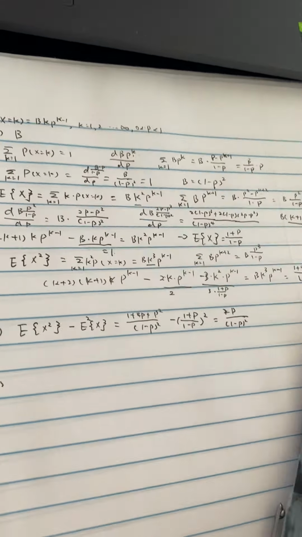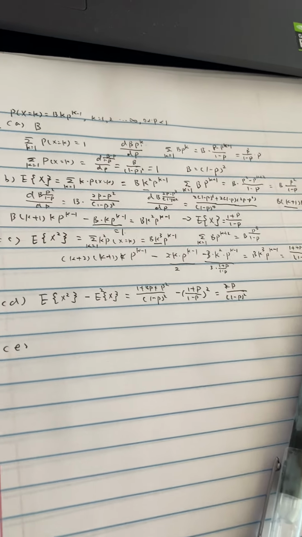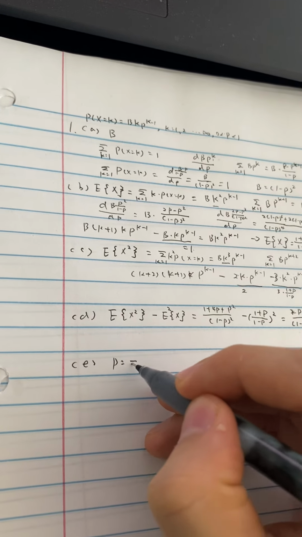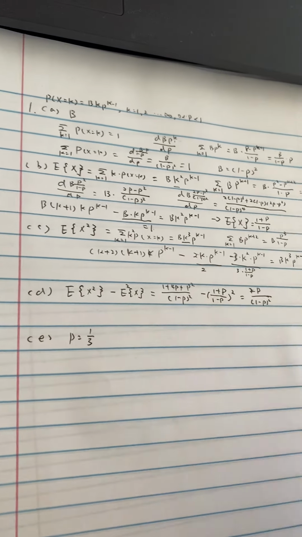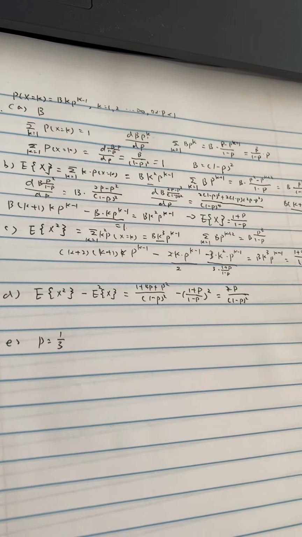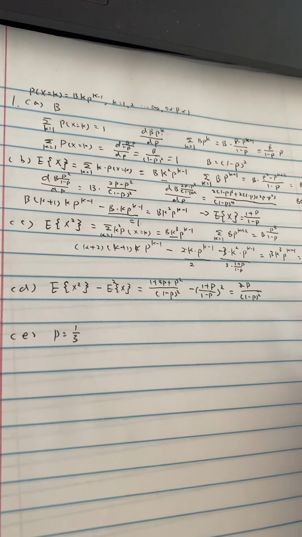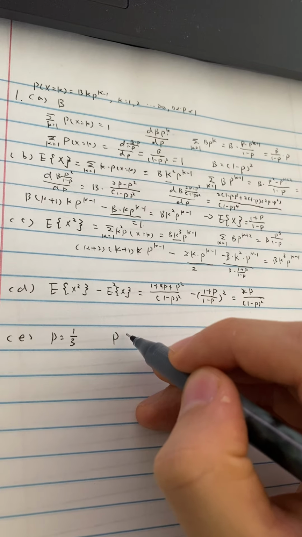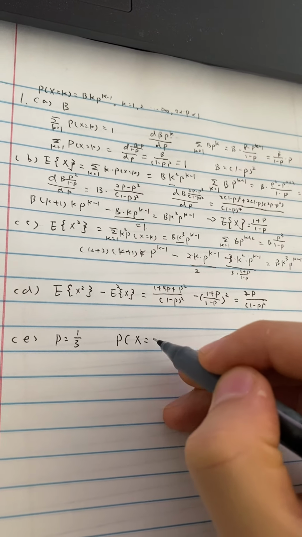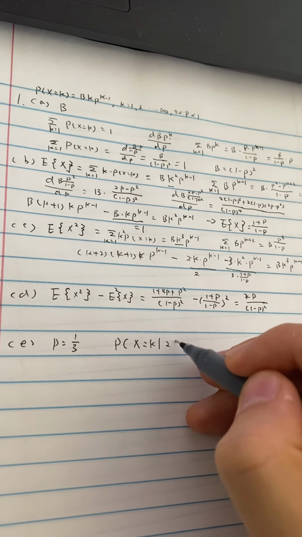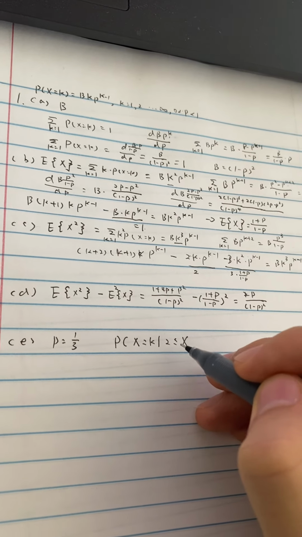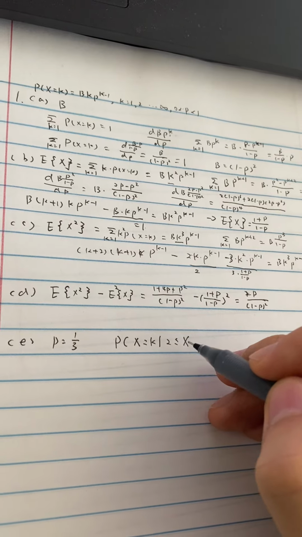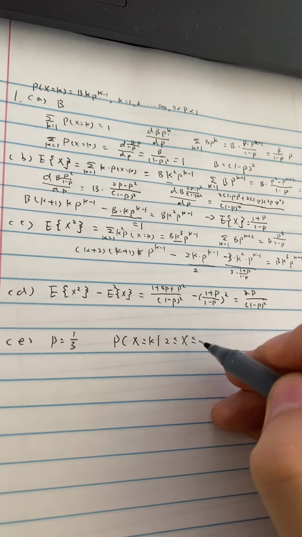Question E. We let p equal 1/3, and we need to find the conditional probability mass function. We need to find the probability of X equal to k given X above or equal to 2 and less or equal to 5.